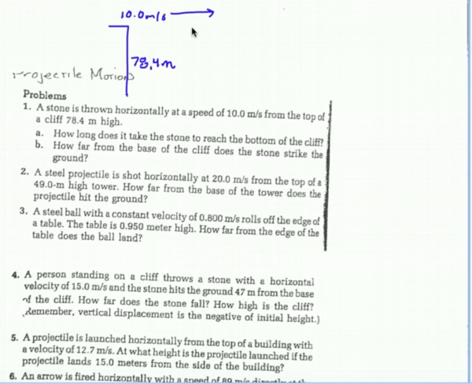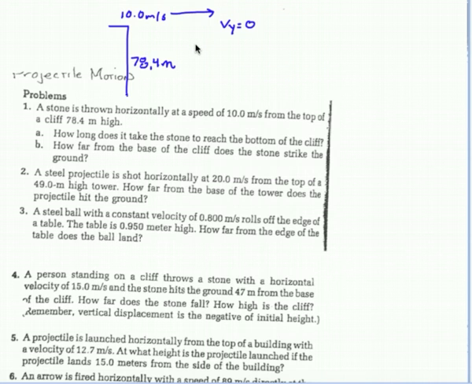So we can solve for that knowing that the initial downward velocity, or the Vy, is equal to 0, and then use acceleration due to gravity to solve for time.